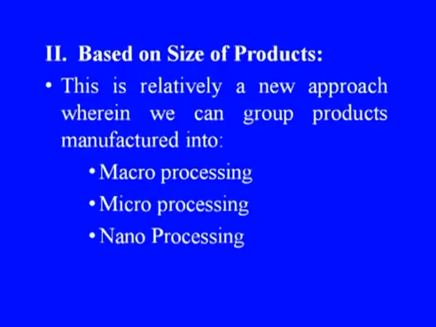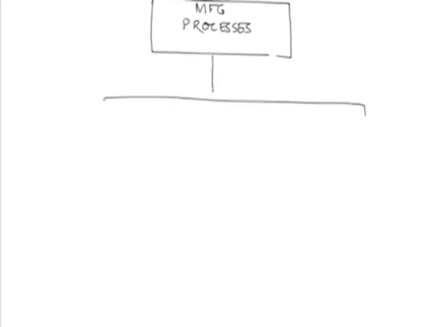So, manufacturing processes can be macro, then micro and then nano.